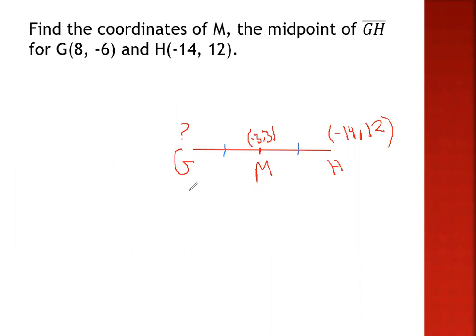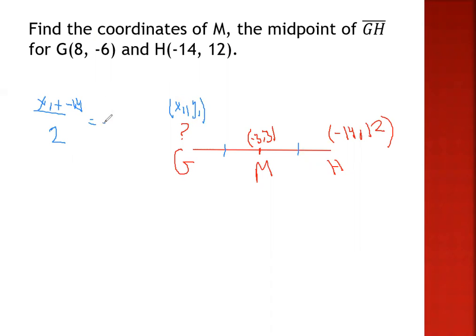Which means we are going to say that this one is X1 and Y1. And then we will replace them. We can say X1 plus negative 14 over 2 equal how many?